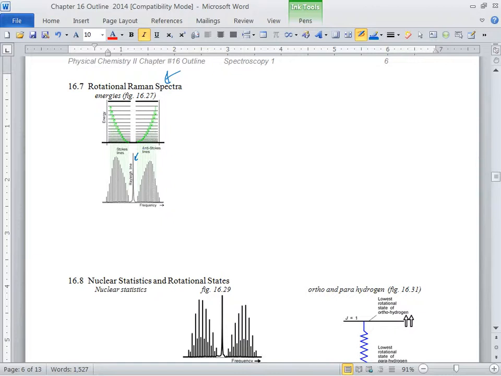But typically the Raman event, the scattered radiation is either a little higher or a little bit lower in frequency than the incoming radiation. So sorry, they're inelastic collisions, right? Okay.